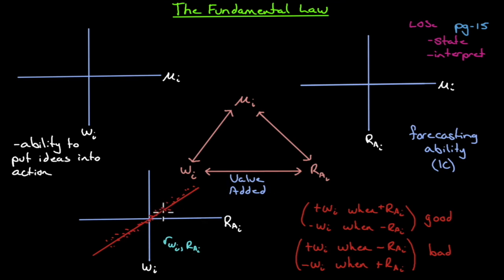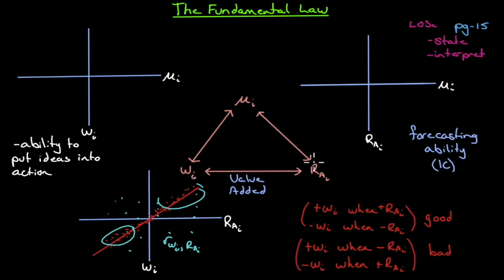The higher this correlation, the more there is a relationship between positive weights and positive returns and negative weights and negative returns. What we don't want is to start seeing stuff like this all over the place, because then the correlation almost goes to zero. So that's what this bottom part measures, this correlation.